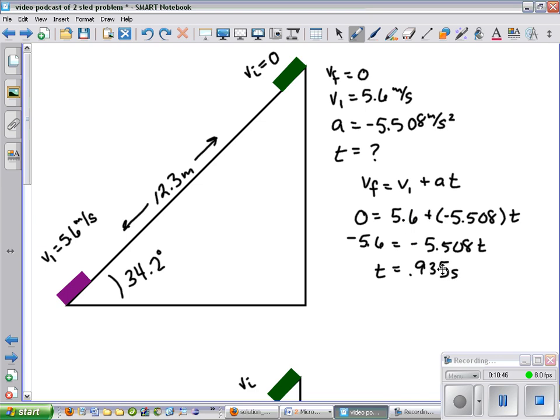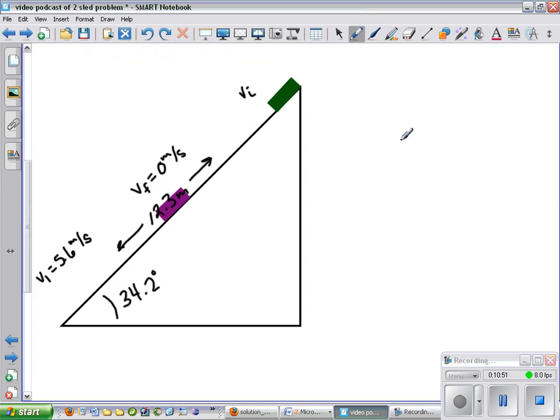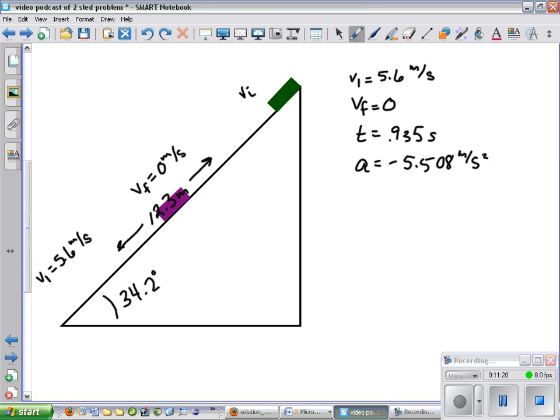Okay, now that I know the time, let's go ahead and use that, and let's find our distance. So this time I know Vi is still equal to 5.6. Vf, 0, time, 0.935 seconds, because I just found that. Acceleration, still negative 5.508 meters per second squared. And now I have 4 variables, and I want the 5th.